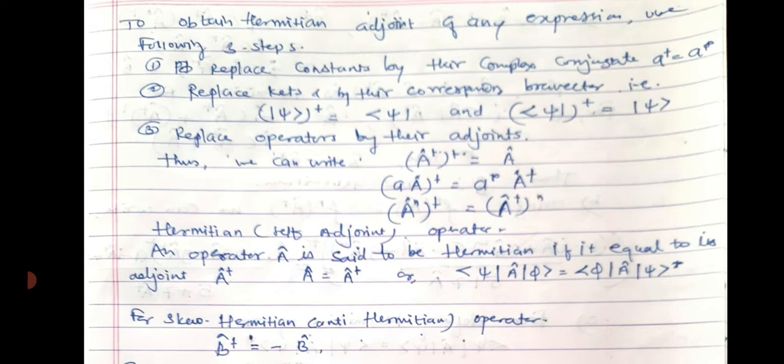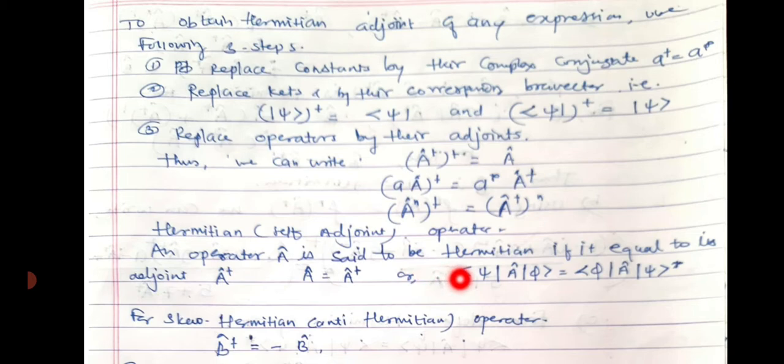Hermitian and self adjoint operator. So this is one more important definition. What is known as a self adjoint operator? An operator A is said to be Hermitian or self adjoint if it is equal to its adjoint. That is, if A is the operator and A is equal to A dagger, then we can say that the operator is Hermitian, or self adjoint operator.